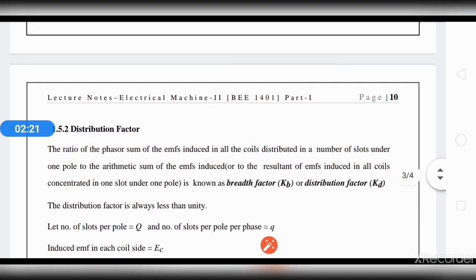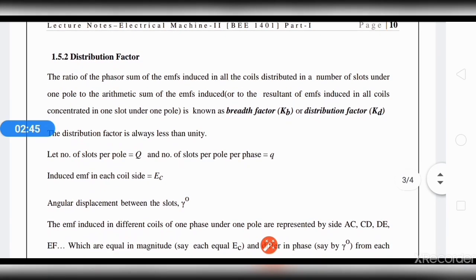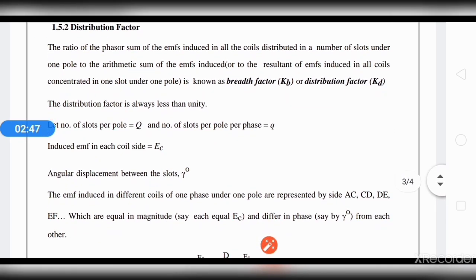Distribution factor is the ratio of the phasor sum of the induced EMFs in all the coils distributed in the slots under one pole to the arithmetic sum of the EMFs induced in the resultant coil under one pole if the coil is concentrated. So the distribution factor is also always less than unity.